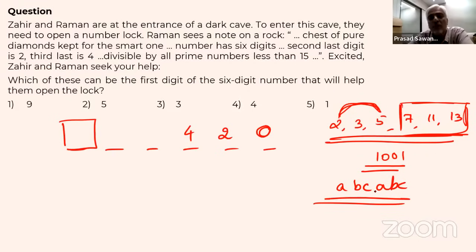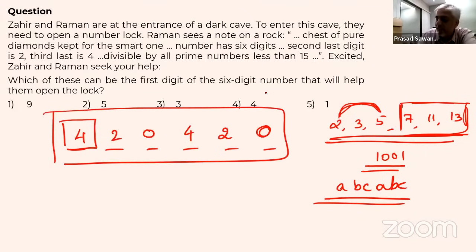Which means if this is 420, this also has to be 420. And this is the number we are talking about. Hence, the answer for this question is the fourth option, which is 4.